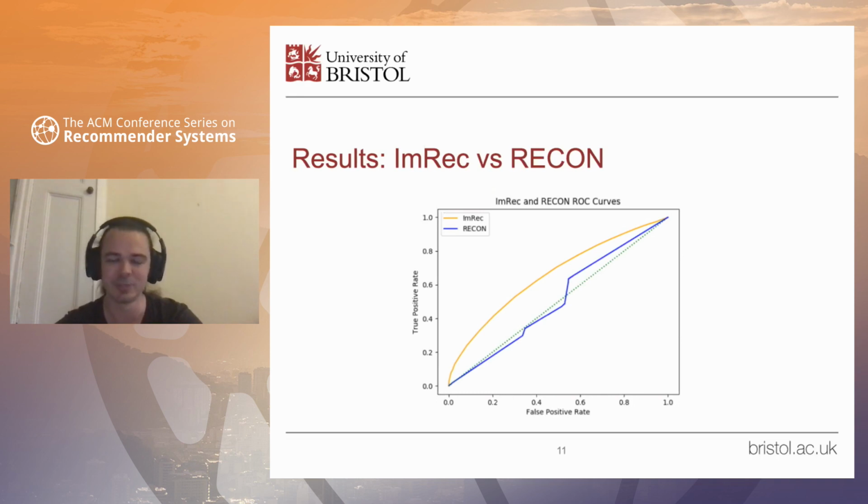Recon actually performed very badly on our data set. We consider that this is probably because Recon was originally trained on a dating service that contains only categorical data and doesn't contain any photos or free text information, and these are likely the things that people mainly use to make their decisions.